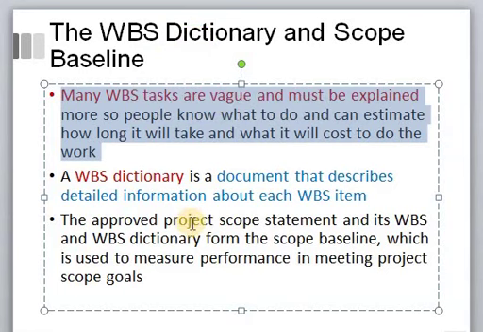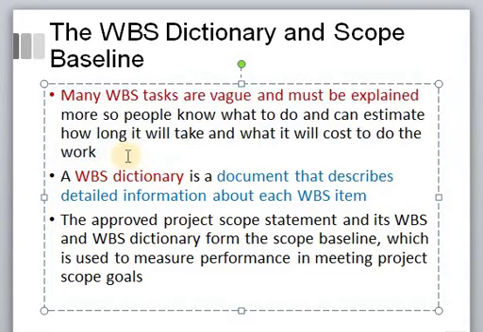Many work breakdown structure tasks are vague and must be explained more so people know what to do and can estimate how long it will take and what it will cost to do the work.